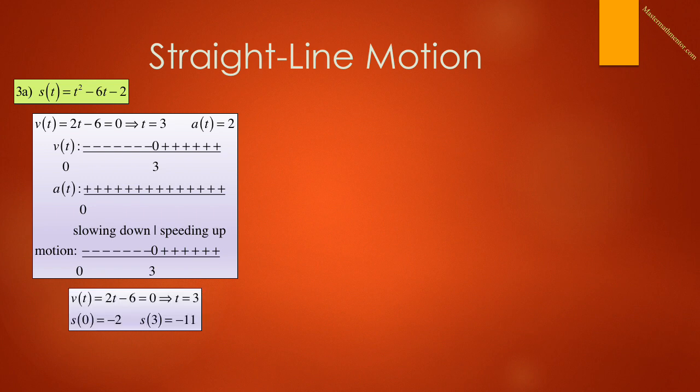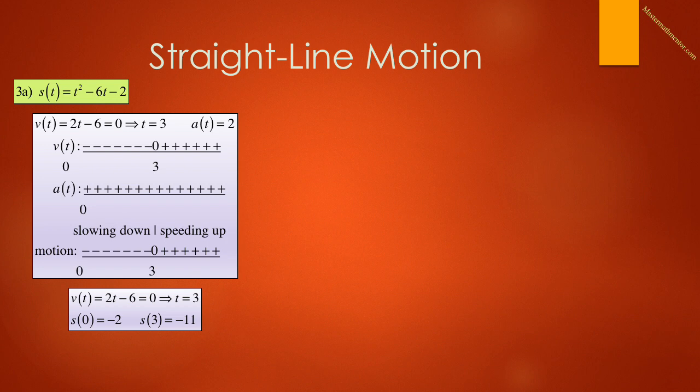Finally, we would like to make a position graph to see how the particle moves along the x-axis. We take our velocity, set it equal to 0, and get t equals 3. This is a critical time.